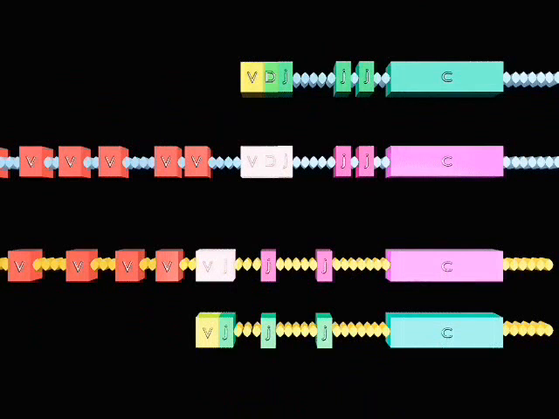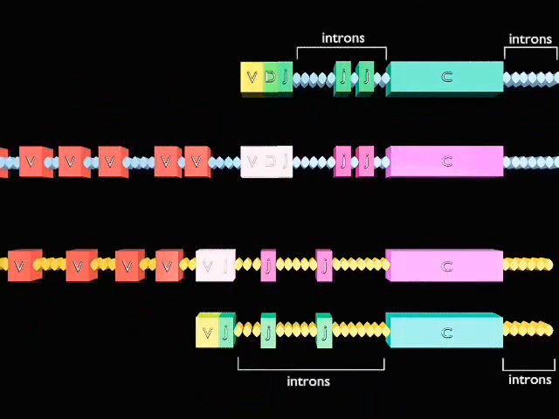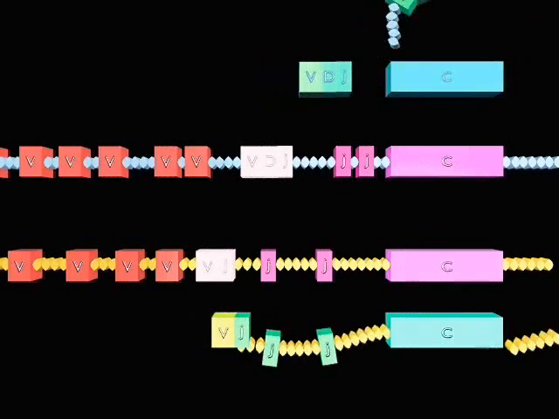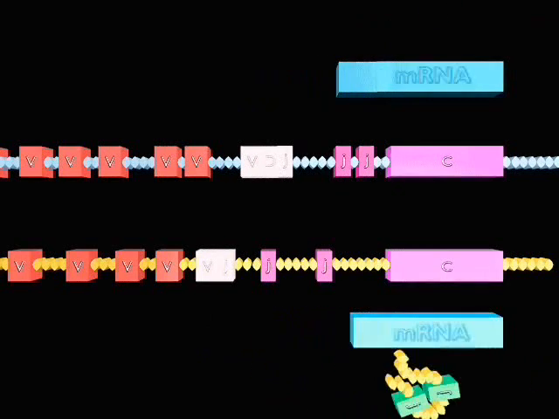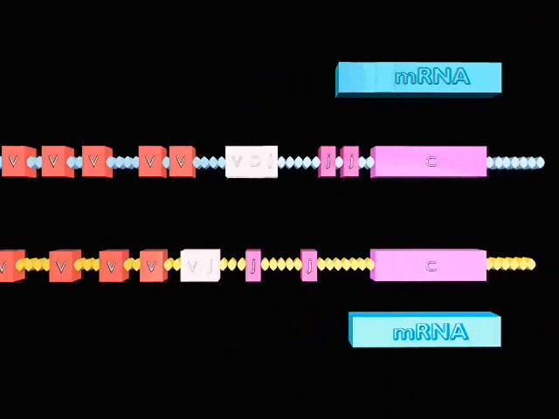These non-coding sections are termed introns, and the coding portions are exons. This process is called transcription. In a second stage, the RNA transcript is processed to make messenger RNA by removal of the introns. The messenger RNA migrates out of the nucleus into the cytoplasm.